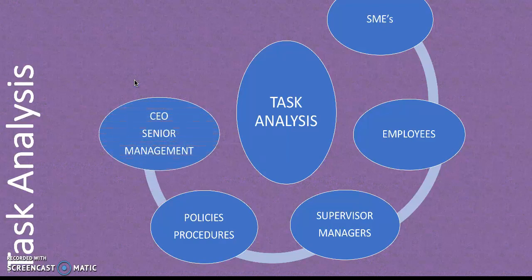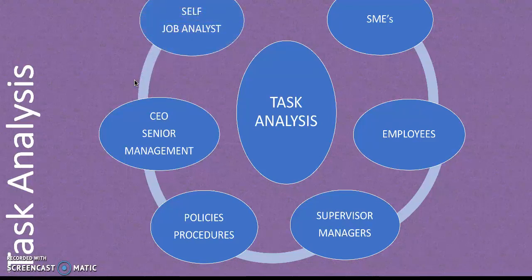And the CEO and senior management, they look at the financials. They determine the success of the position. They make the overall determination to see which jobs are needed for the success of the business. And they also look for the jobs that are not needed for the business.